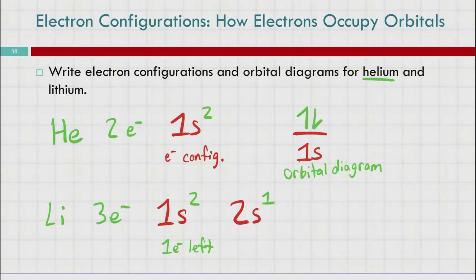Then we can do our orbital diagram. So we've got our 1s box or platform. We've got 1 up, 1 down, so that our Pauli exclusion principle is happy with us. And then we've got our 1 box representing our 2s.